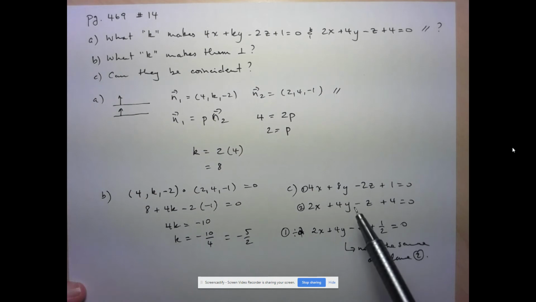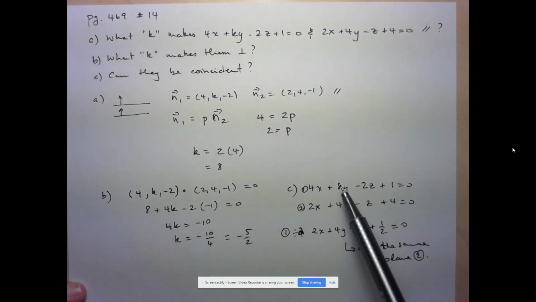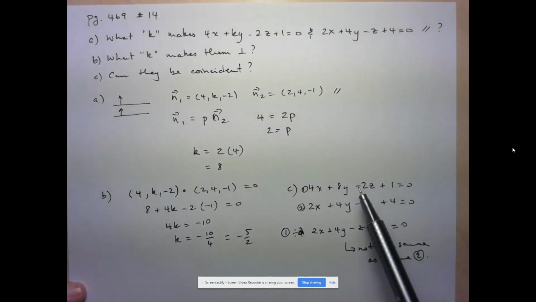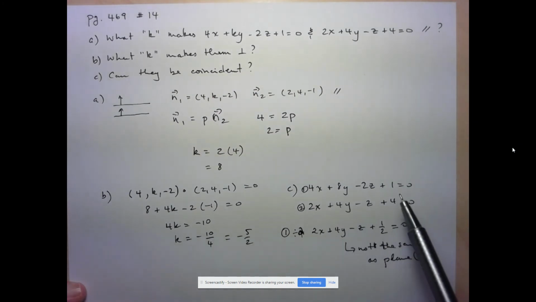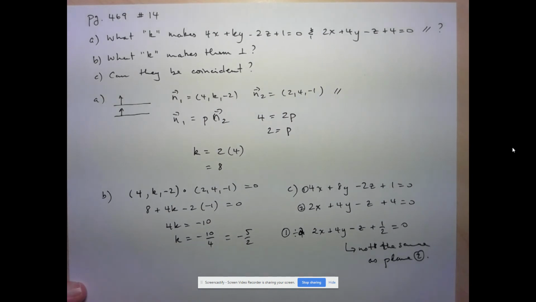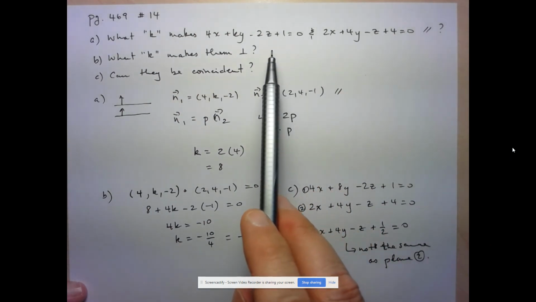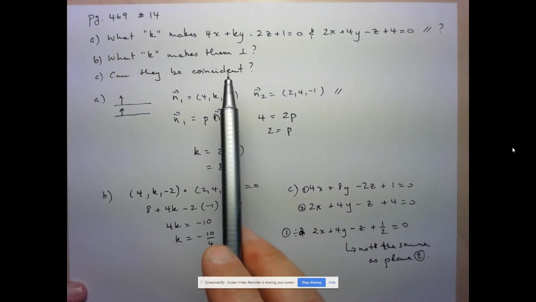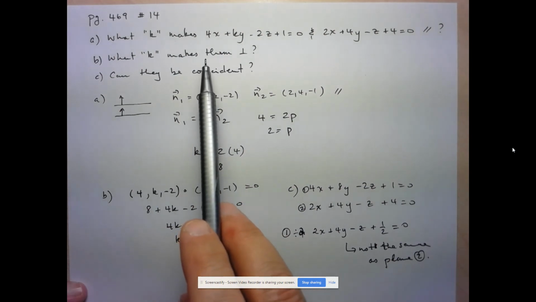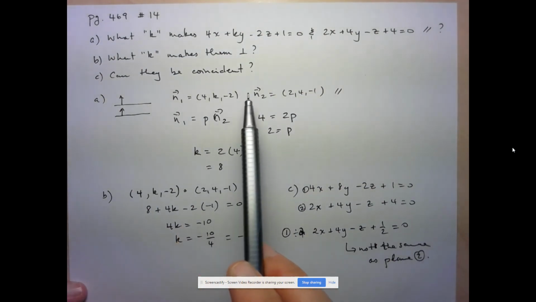While I was able to find a scenario where their normal vectors, A, B, and C, were scalar multiples of each other, I see that the D values are not going to be scalar multiples of each other. Just to recap, when you're working with the Cartesian equation of a plane, when you're talking about angles, perpendicular, or parallel, you can work with the normal vectors.